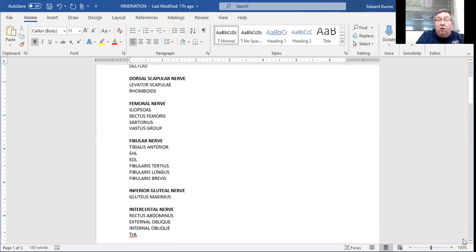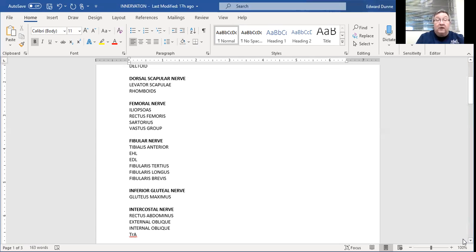The rectus femoris, which is one of the quadriceps muscles. It is the quadricep muscle that does extension at the knee, but it also does flexion at the hip. Remember, that's that two-joint muscle. And rectus femoris has an origin at the AIIS.